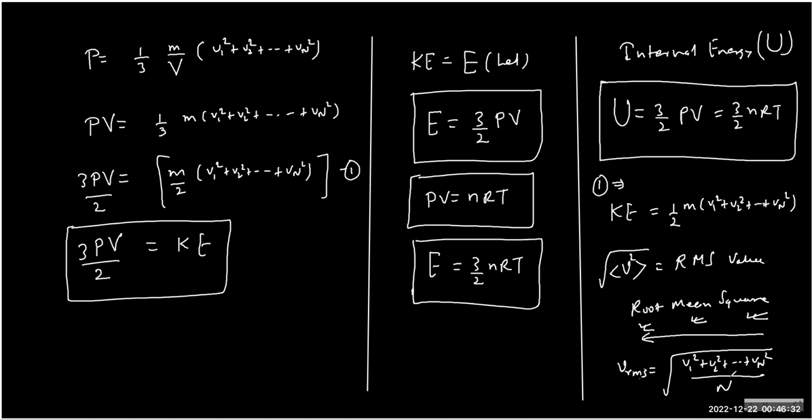So sometimes it is also useful in the calculation of standard deviation or the variance, because if you know the standard deviation, it is something like this, isn't it? Yes.